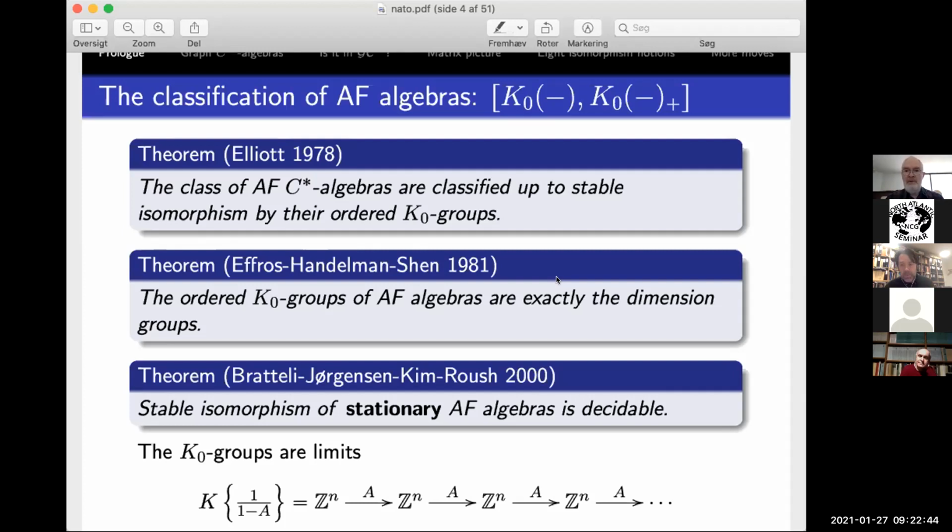So it really isn't a different classification from the Bradley one. Right, yes. I guess that should be said. You could argue that for AF algebras, it doesn't really matter if you use Bradley diagrams or K0, whereas if you go to more general C-star algebras, it's definitely important.